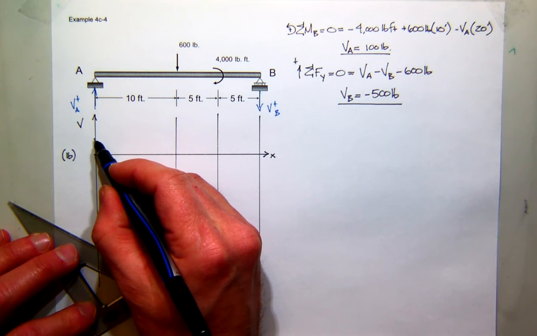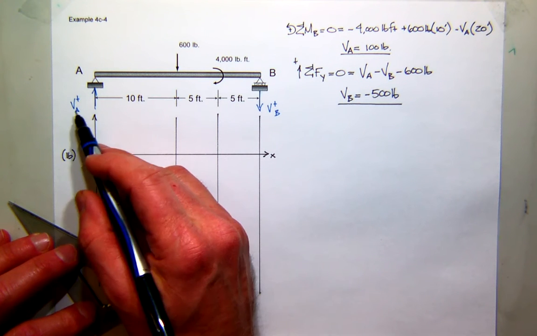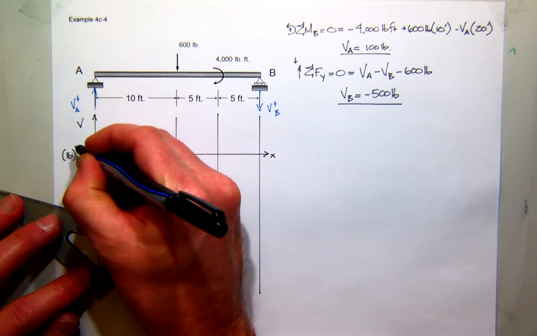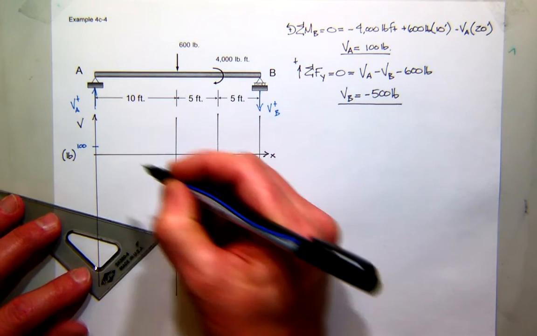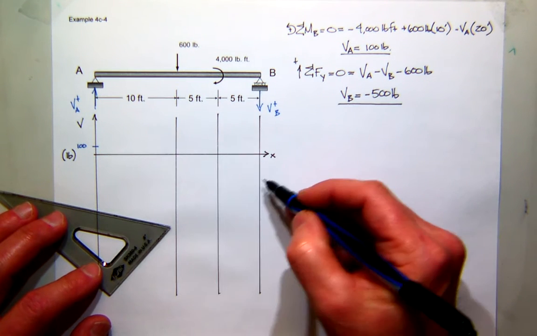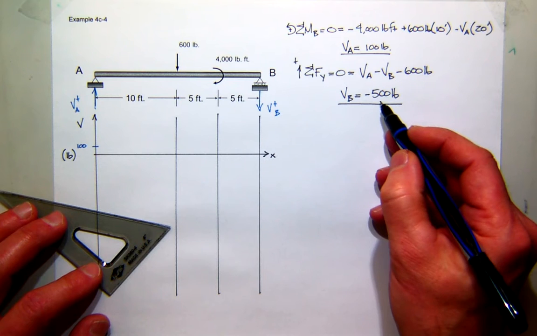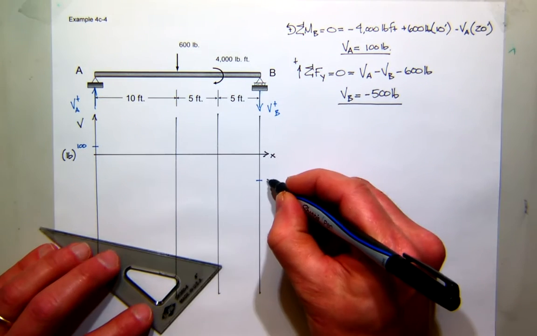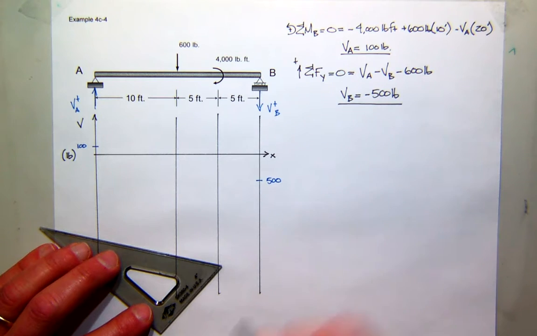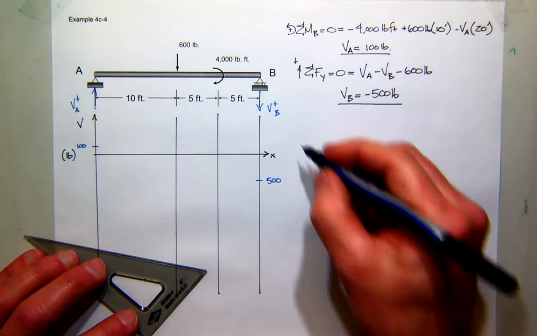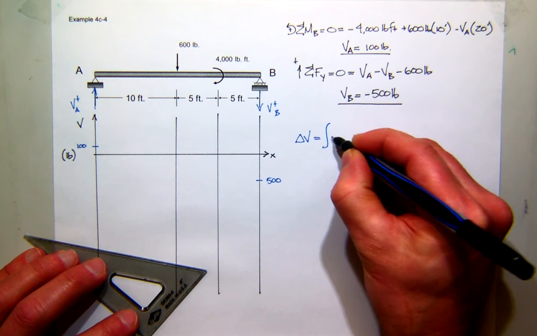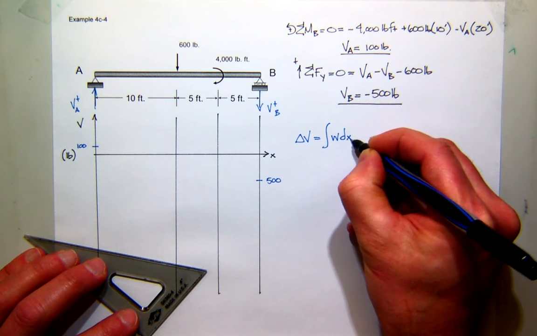What's the shear on the left side? That'll be the shear at A, and it's 100. Now, if everything goes well, I should end up with the shear over here at B equal to minus 500. Let's see if we can make it work. So we know that the change in shear is the area under the load diagram.